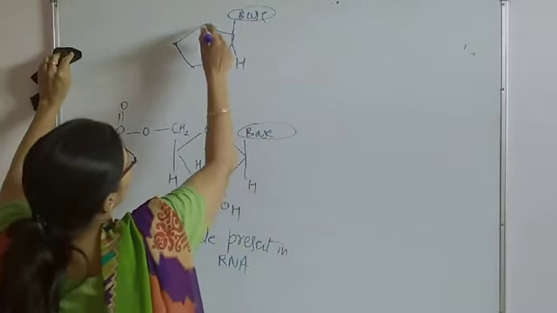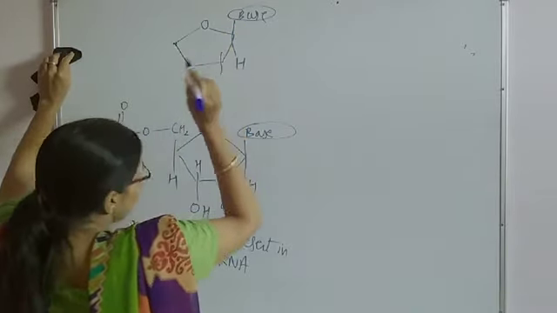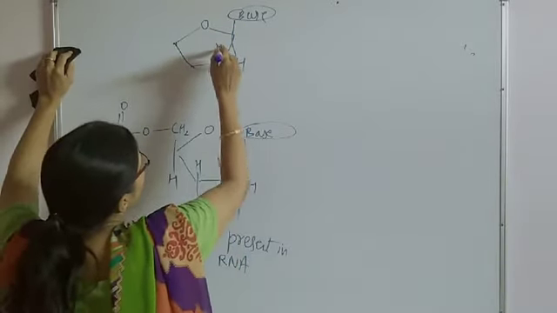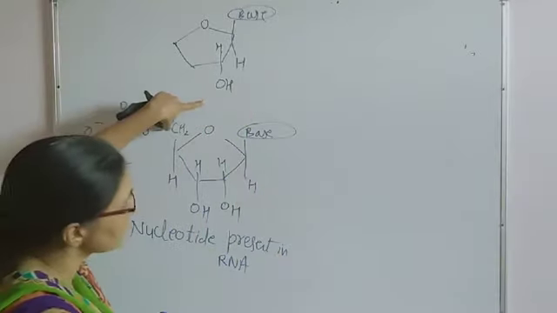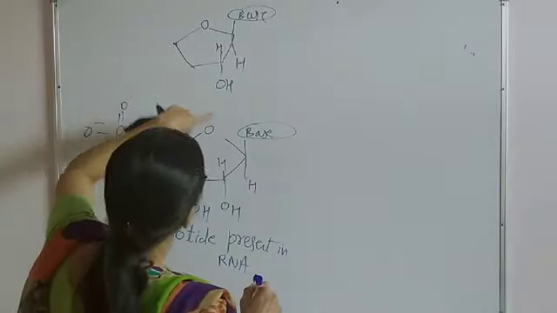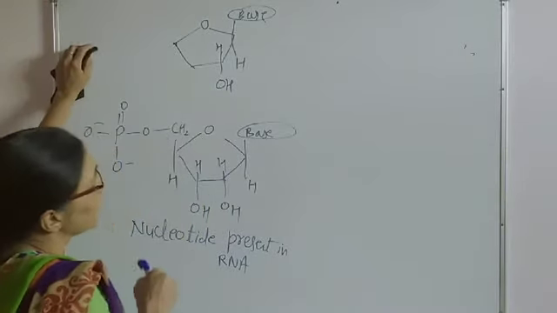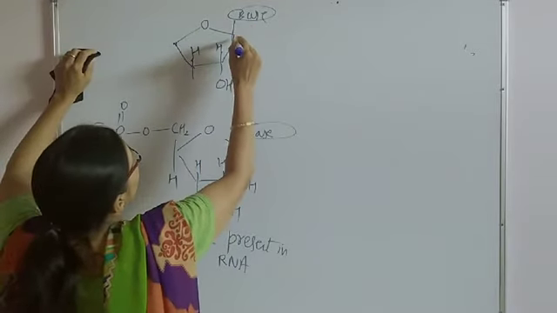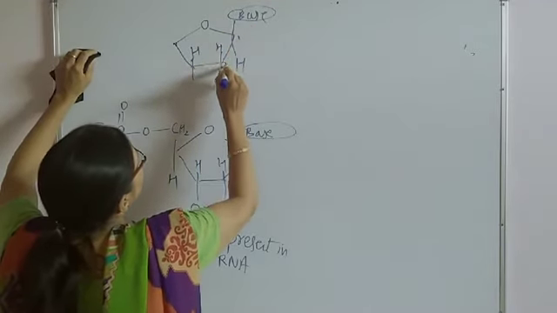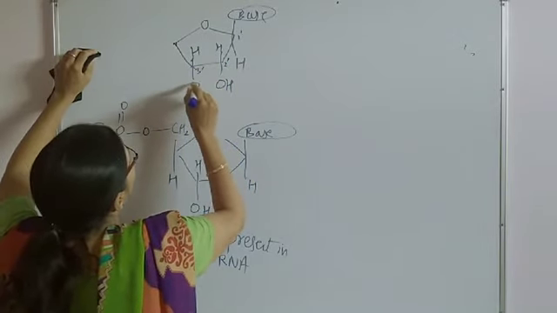Okay, then this one is oxygen. I am taking the same linkage, number 3 linkage, in the same manner. Both HOH I have taken, meaning that is of RNA. Then this is your number 1 carbon, 1 dash, 2 dash, 3 dash.